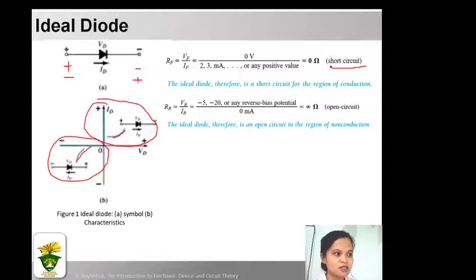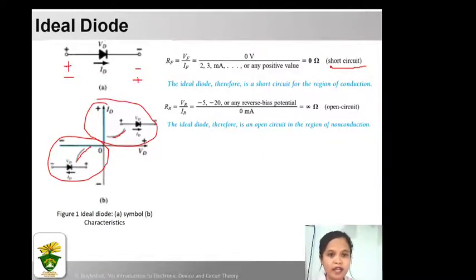So, from 0 to negative potential, over, unsa ang kurente nato? 0 ampere. So, meaning, any negative value from 0 to any negative potential, over 0 ampere is equal to infinity.